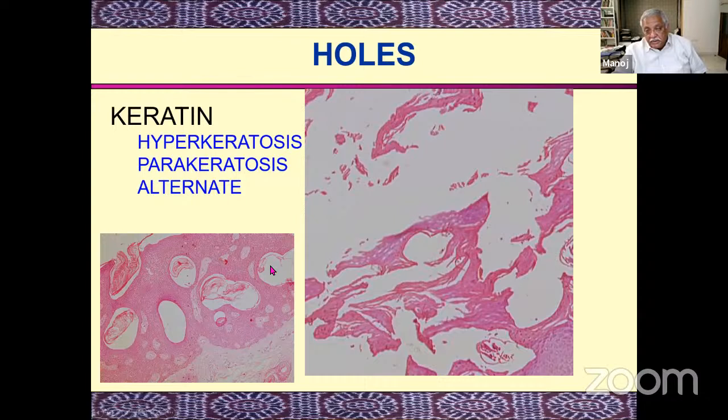But at times, they have definite meaning. And here you have these regular ovoid holes in the epidermis and counterparts in the keratin layer. You have these holes in the keratin layer.